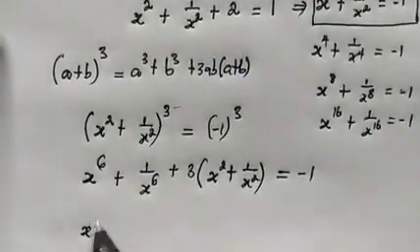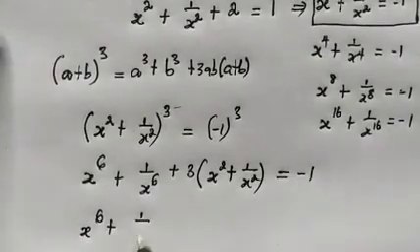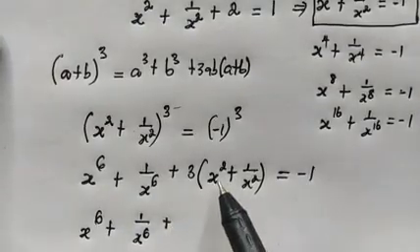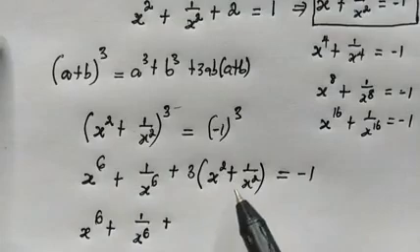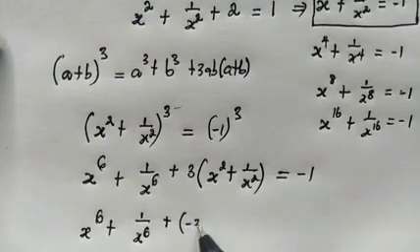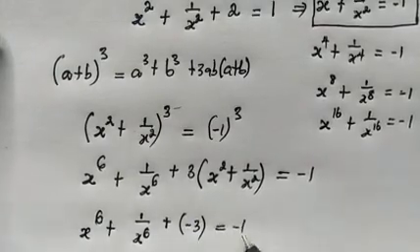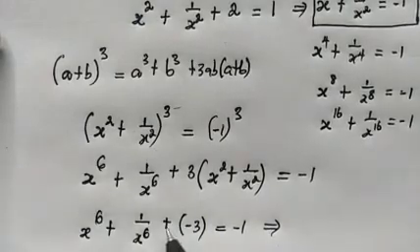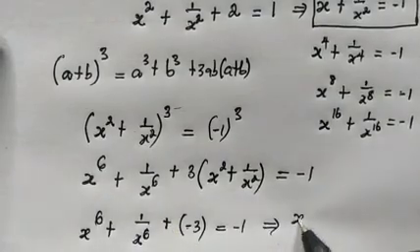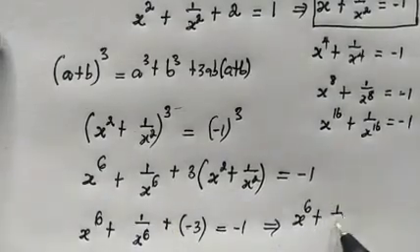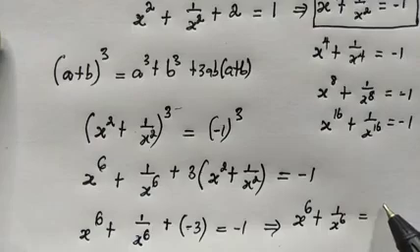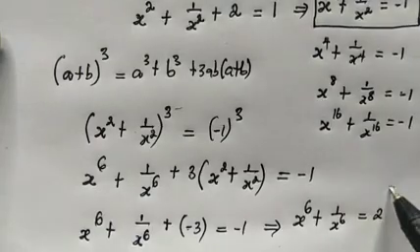So from here we get x to the power of 6 plus 1 over x to the power of 6 plus the value for x squared plus 1 over x squared is -1, so -1 times +3 here will give us actually -3, right? So this is equal to -1. So from here, we're adding 3 to both sides. So here we get x to the power of 6 plus 1 over x to the power of 6 is equal to 2.